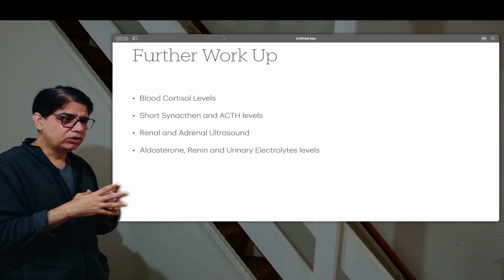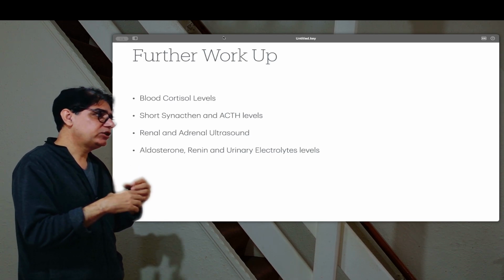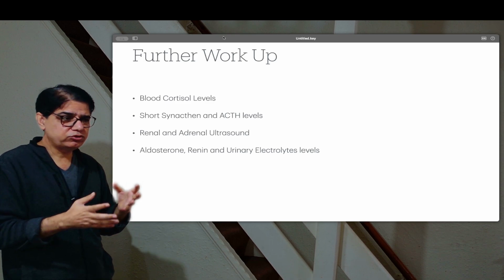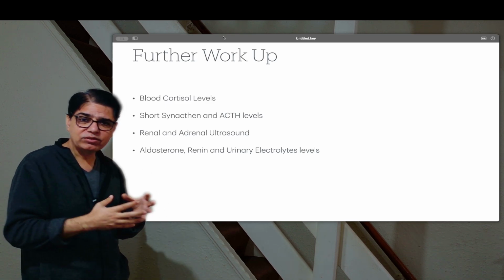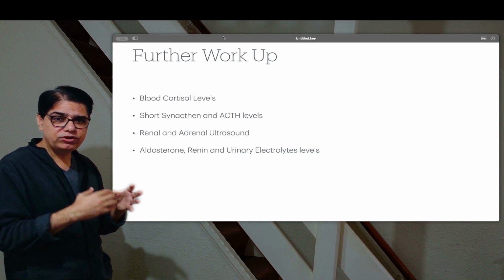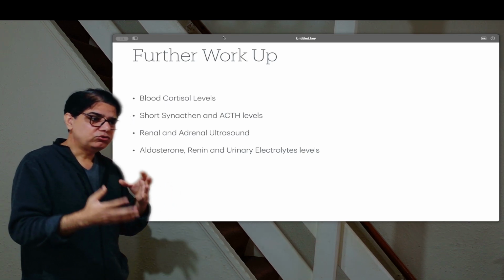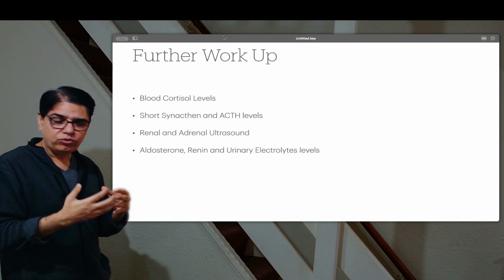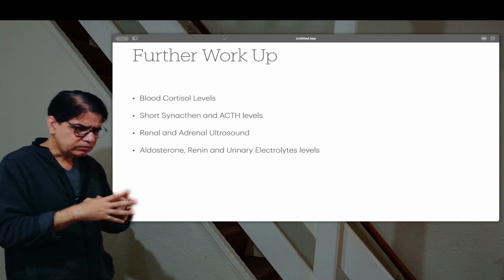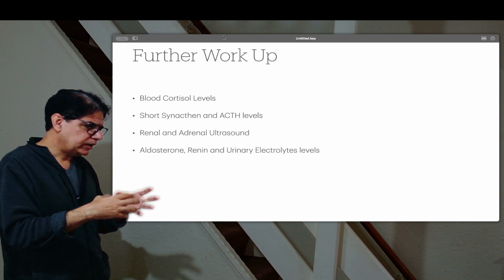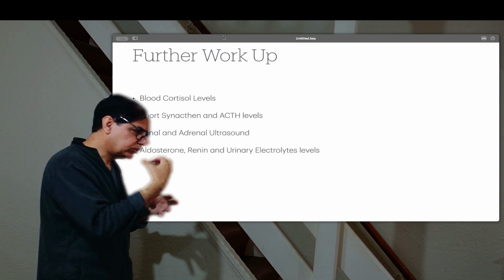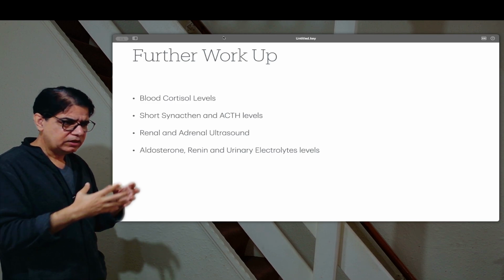To further look into the possibility of type 4 renal tubular acidosis, you have to do aldosterone levels, blood renin levels, and check the urinary electrolytes. That way you would be able to reach the underlying diagnosis of what is causing this metabolic acidosis.